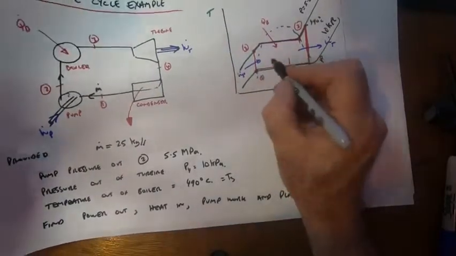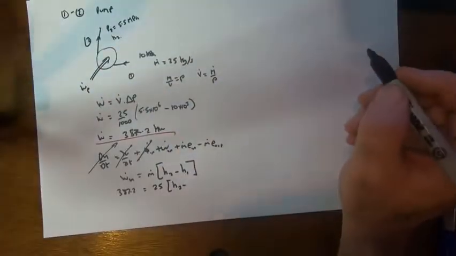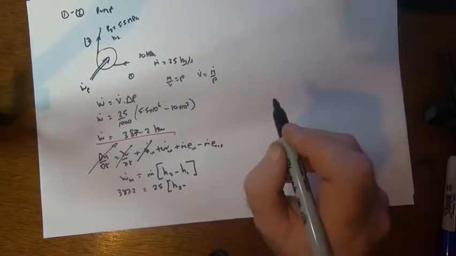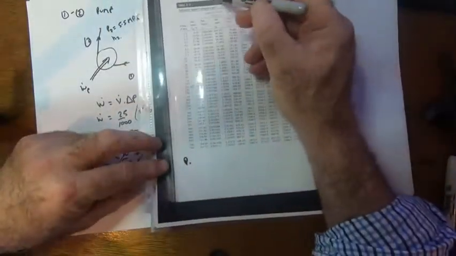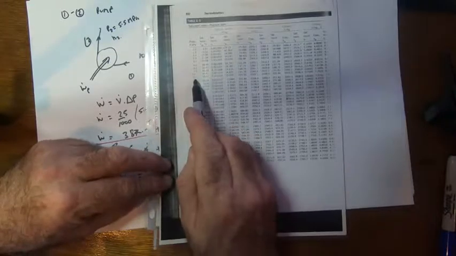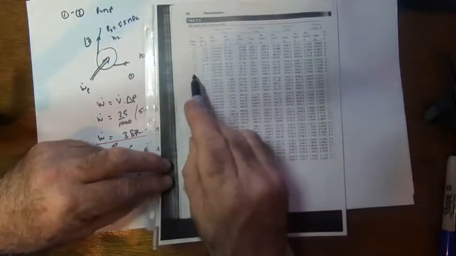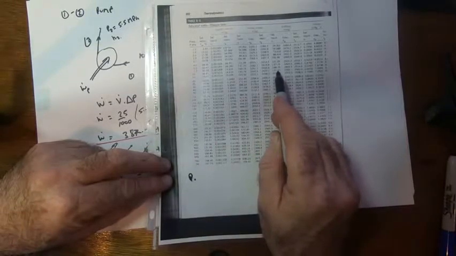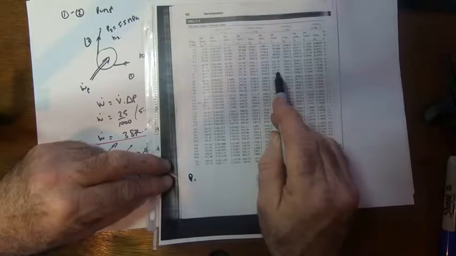to give us that. So we know at 10 kilopascals, I can go to my table A5, the pressure table, I go to 10 kilopascals. You might not be able to see this, but if you've got your table A5 in front of you, at 10 kilopascals we go across and we read the hf of the liquid, 191.81.